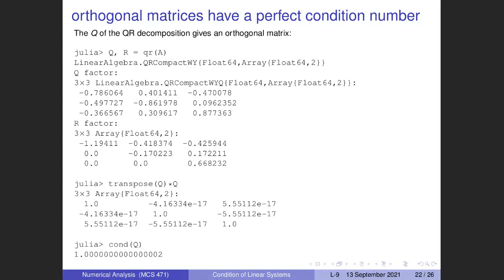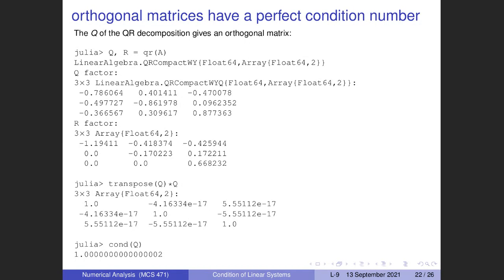Now, in Julia, in the linear algebra module, there is a QR function, and the QR function will actually give you what is called an orthogonal matrix.